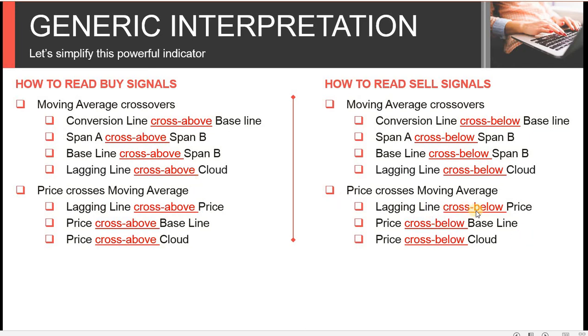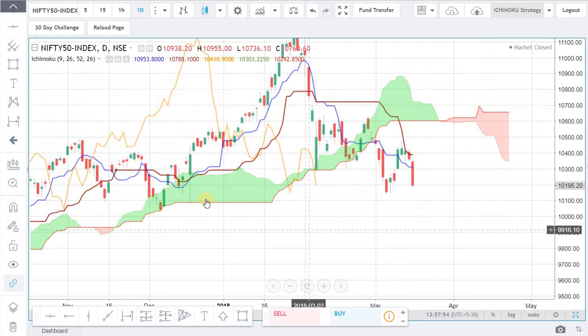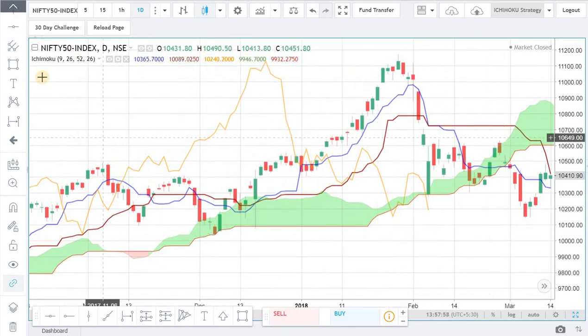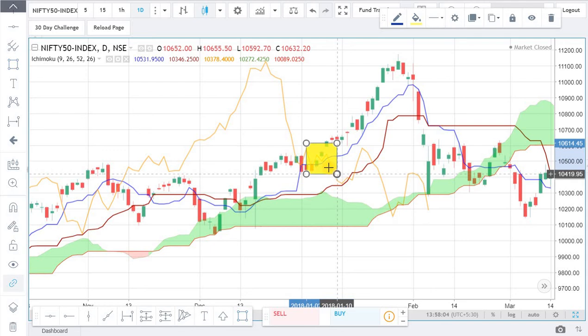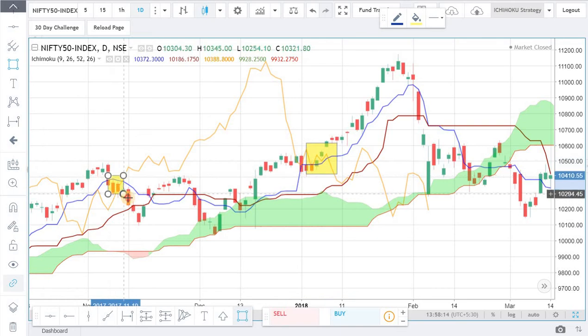Similarly, when the lagging line crosses below price, it's a sell signal. Let's see. I'm deliberately keeping all the other components also. I don't want to just add this thing, because you need to start learning how to check these when the other indicators are there too. So this is one place where the lagging line crosses.